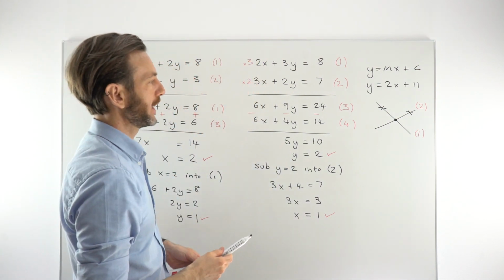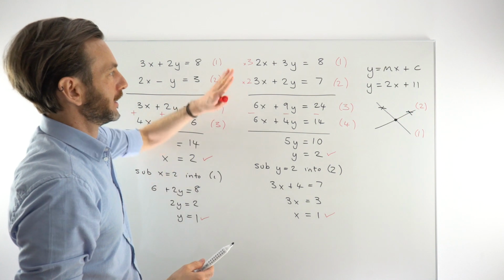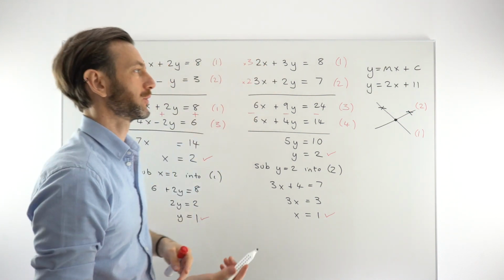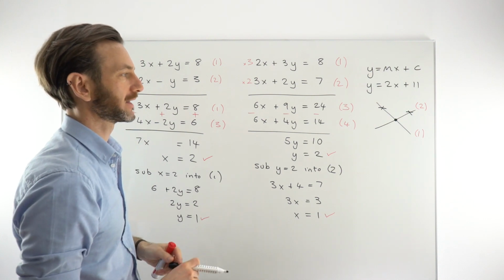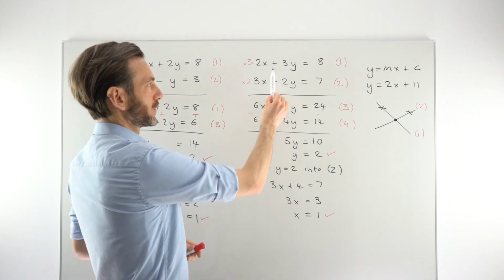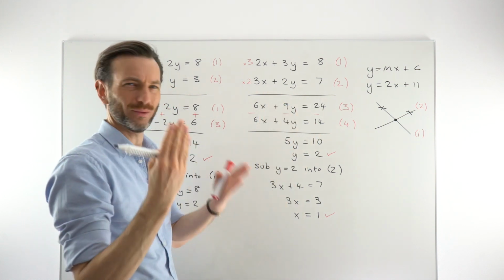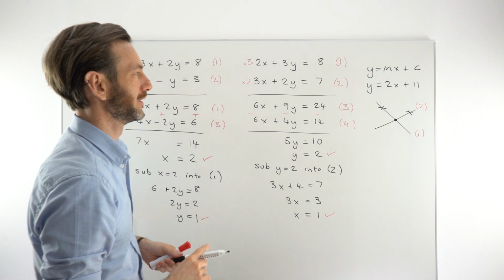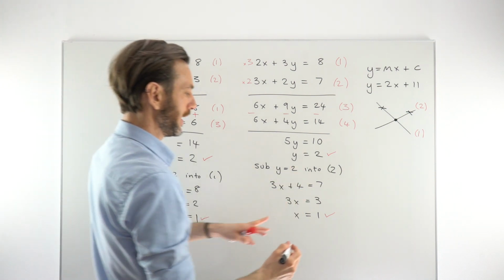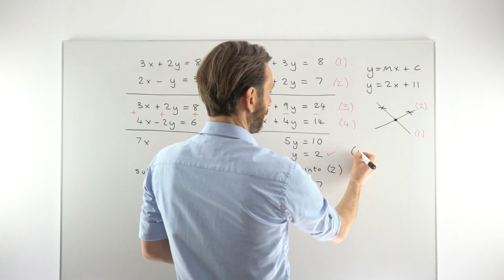So sometimes these questions will be worded rather than here's two equations, solve them, it will say find the point where the lines intersect. And that really throws a lot of students off because there might not even be a diagram. It might just say something about lines and it's like, why is this even talking about lines? But just remember that when you're solving simultaneous equations, what you're actually finding is a point.